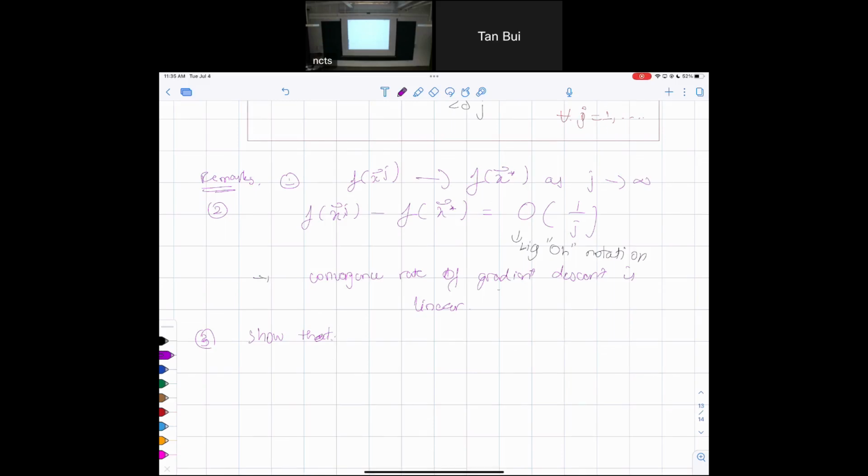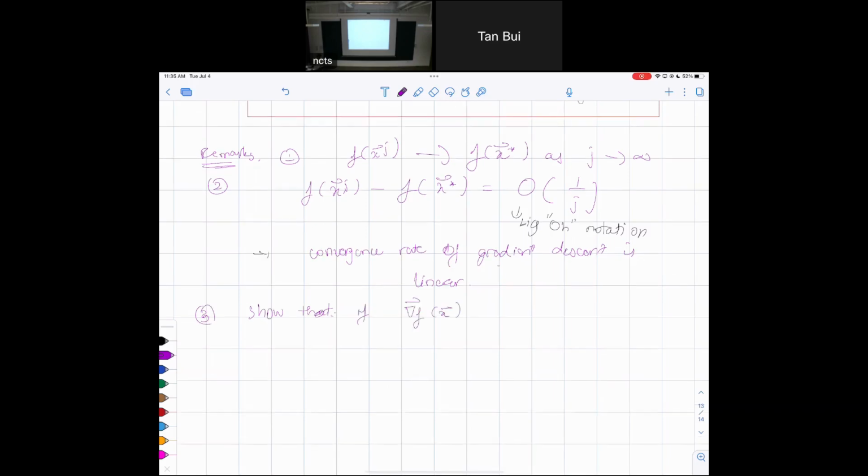Show that if the gradient of f is Lipschitz with constant L, that is, the norm of gradient of f at any x minus gradient of f at any y is less than or equal to L times the norm of x minus y. This is Lipschitz continuity.